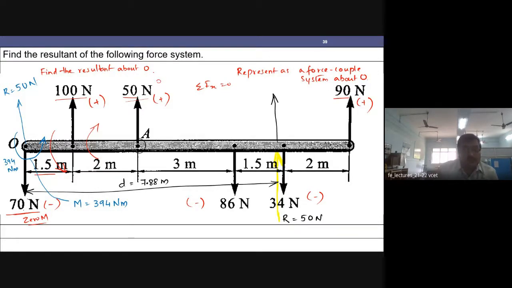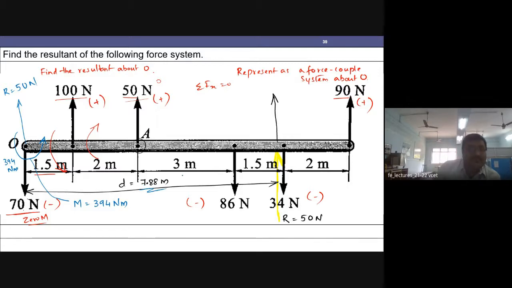Okay, so with this part, what I have shown you is how I can change this entire force representation into a force-couple system. Now if I want to replace this force-couple system with a single force, then this 50 Newton I'll be showing at 7.88 meters.